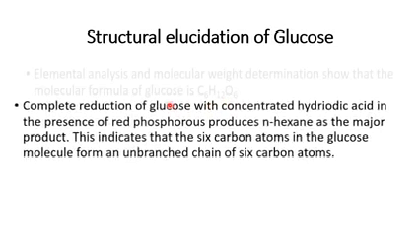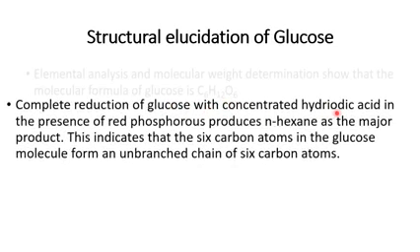Complete reduction of glucose with concentrated hydroiodic acid, HI, in presence of red phosphorus as catalyst, produces n-hexane as the major product. This shows that glucose contains 6 carbons in an unbranched chain, because n-hexane does not have a branch.